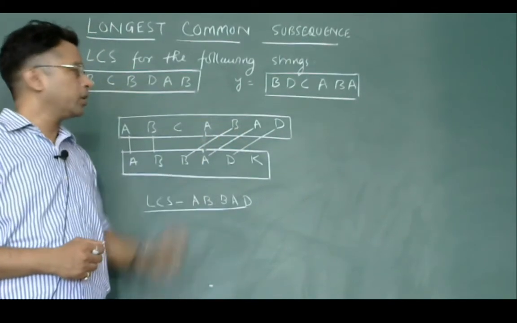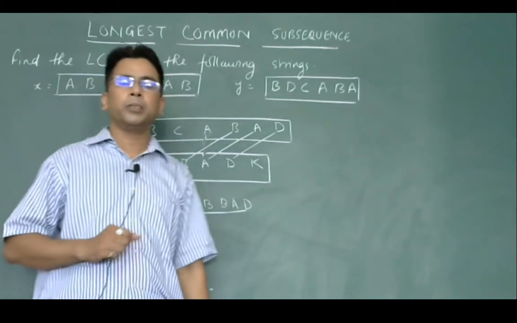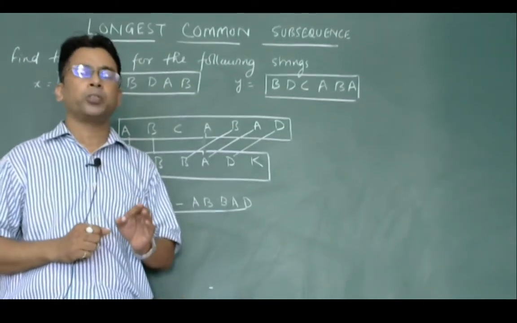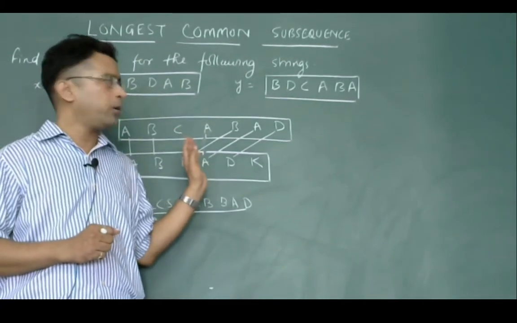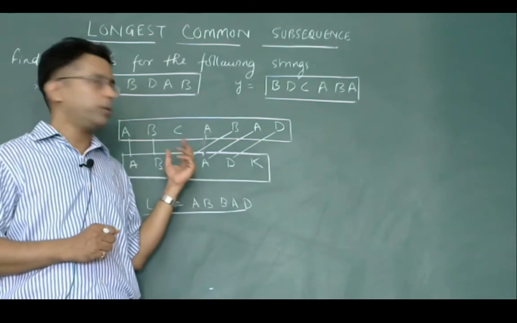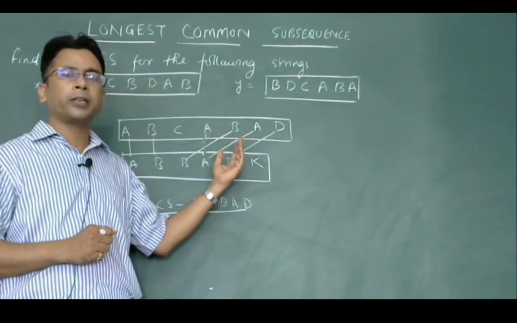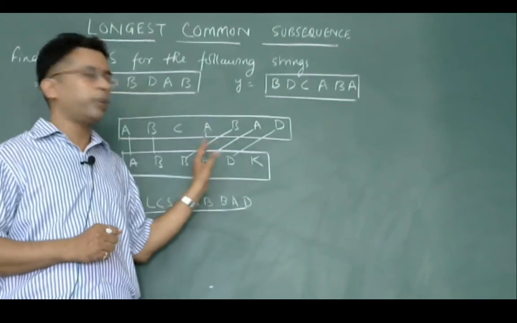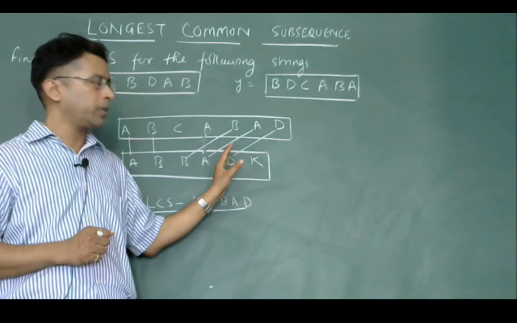This is allowed in the longest common subsequence. Here the matching portion may not be consecutive. They may occur after a gap also. So this is the way of matching in genetic engineering.